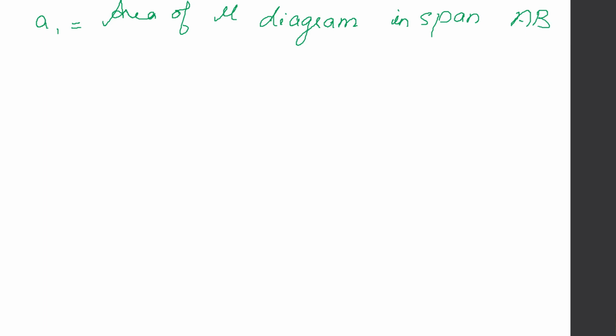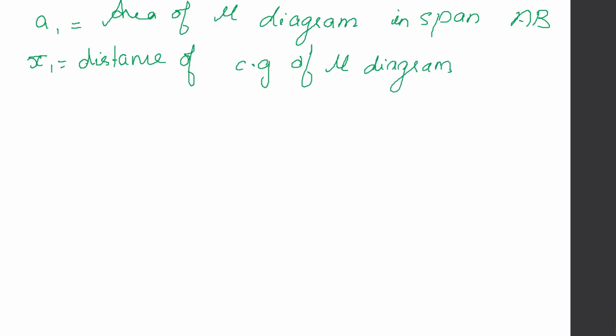So here A1 is equal to the area of mu diagram in the span AB. x1 bar is equal to the distance of center of gravity of mu diagram for the span AB. I repeat, mu diagram is nothing but the bending moment diagram due to simple supports.